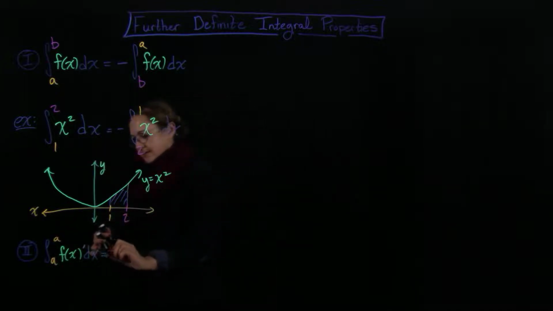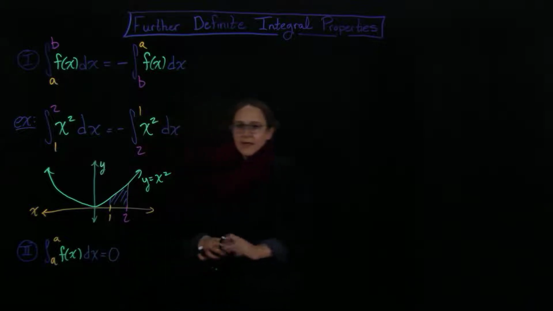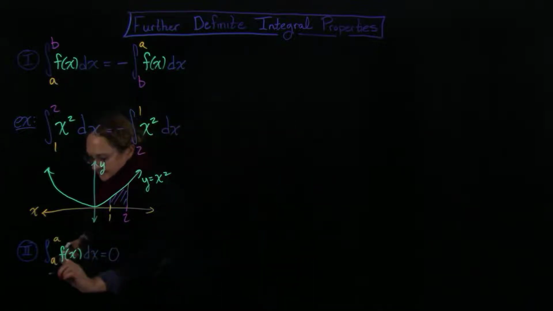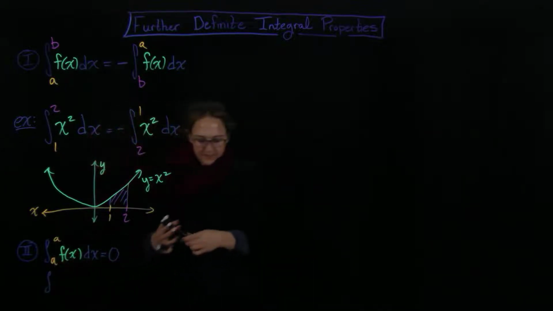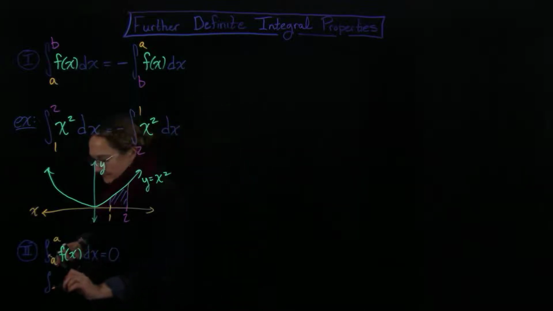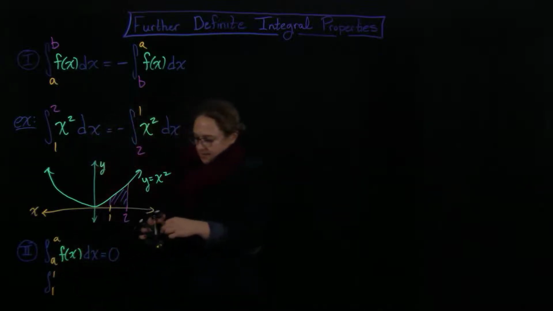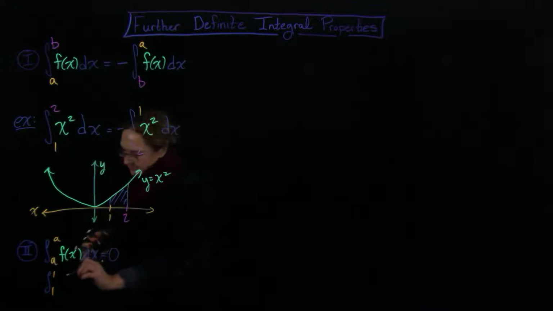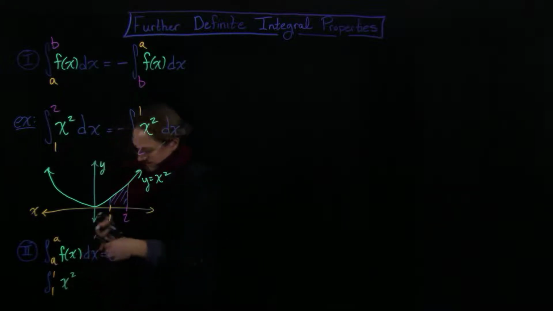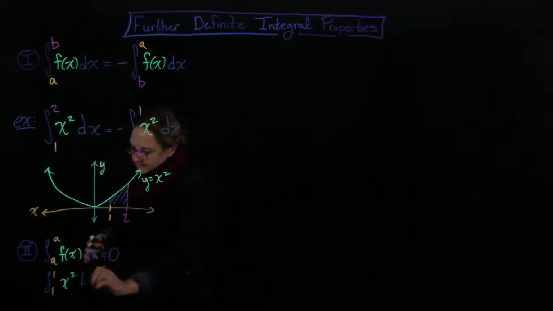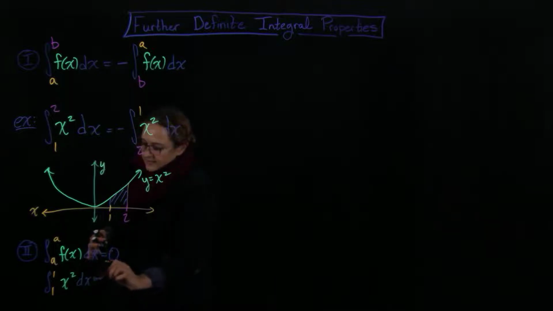Let's look at a particular one to give you a sense. Say both of the bounds are 1, and we're looking at x squared dx. Well, we're going to get 0.